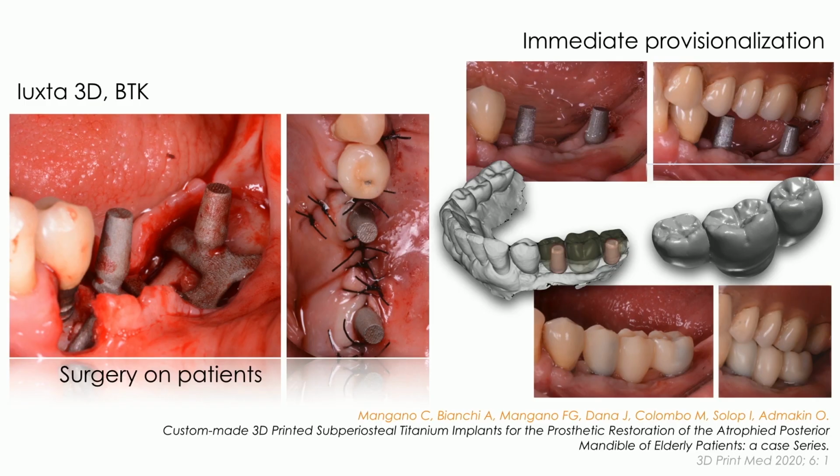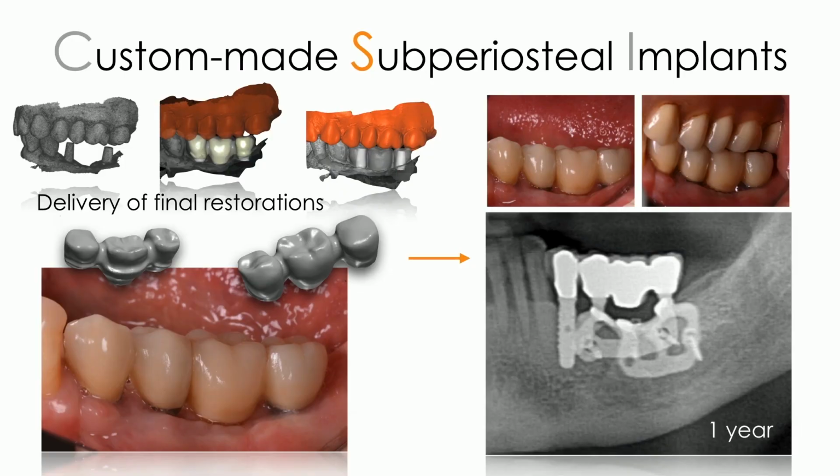You need to open the flap and place the implant, which fits almost perfectly, because it's designed exactly on that bone. And then you can also perform your immediate or anticipated loading with provisionalization. And after all, the result is not so bad after 1 year, and the patient is very satisfied, and everything has been done without any bone regeneration.